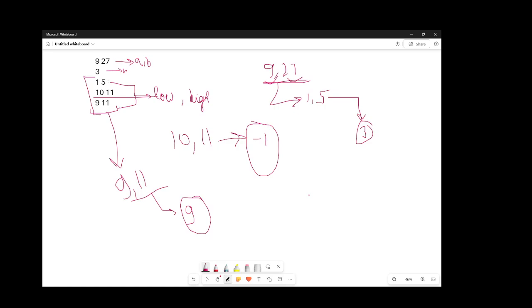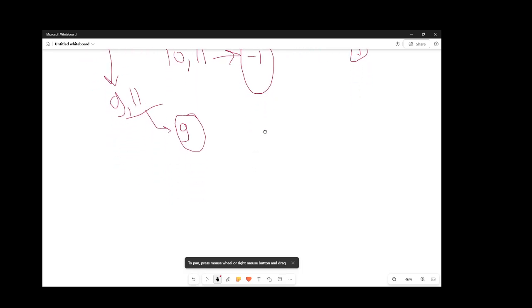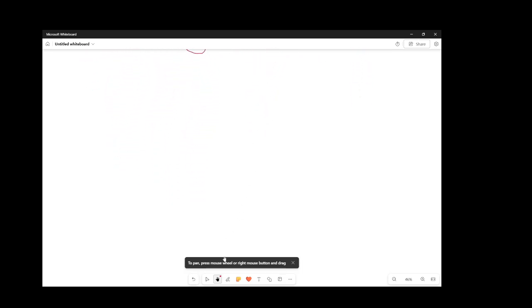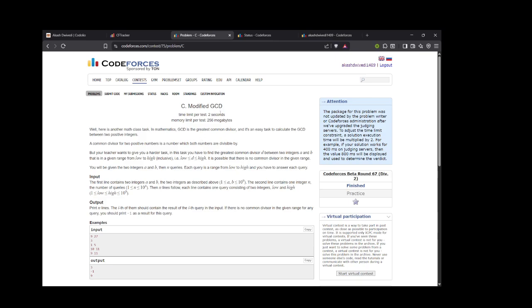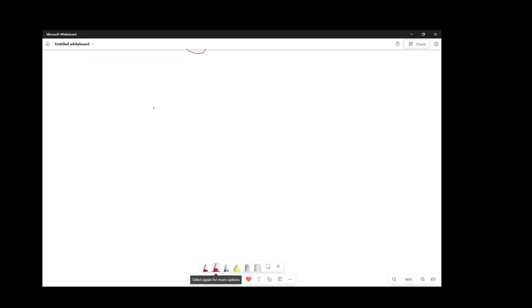Right. So till now we have understood what we need to do in this problem, what the problem is all about. But there is a catch, and the catch is in the constraints. We are given the time limit as 2 seconds.